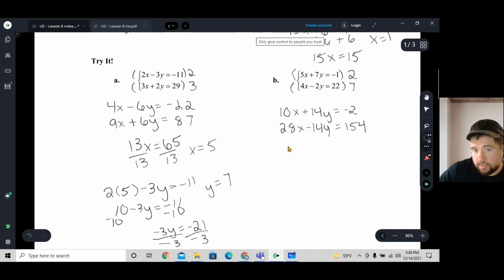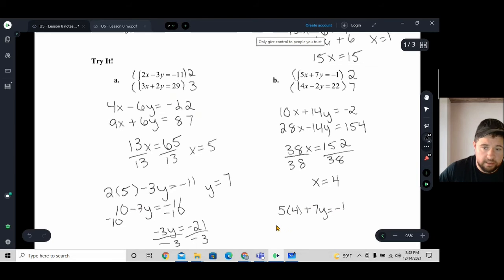Combine like terms. 38x equals 152. Divide by 38. X equals 4. Take that 4, plug it in. So 5 times 4 plus 7y equals negative 1. 20 plus 7y equals negative 1.